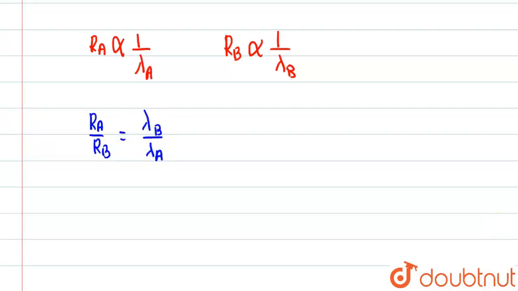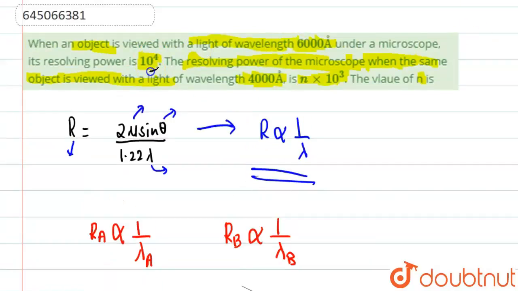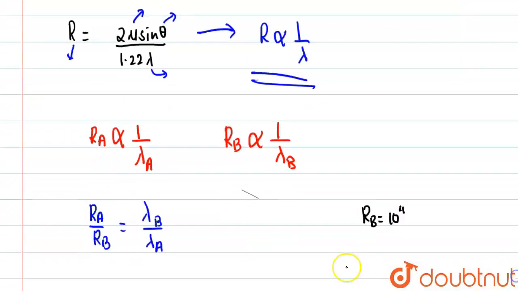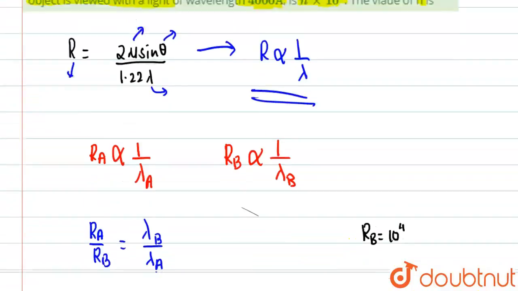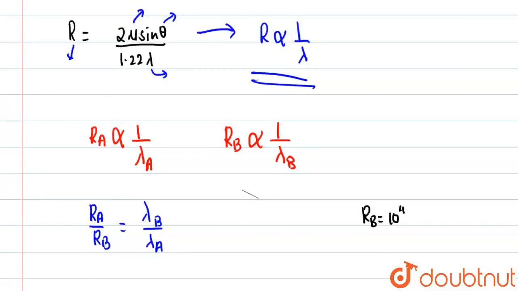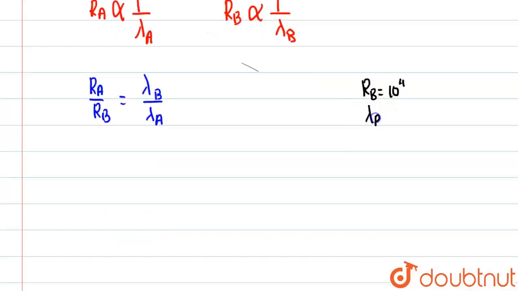Let's suppose we need to find the resolving power R a. R b is equal to 10 to the power 4, as given in the question. Lambda b is 6000 and lambda a is 4000.